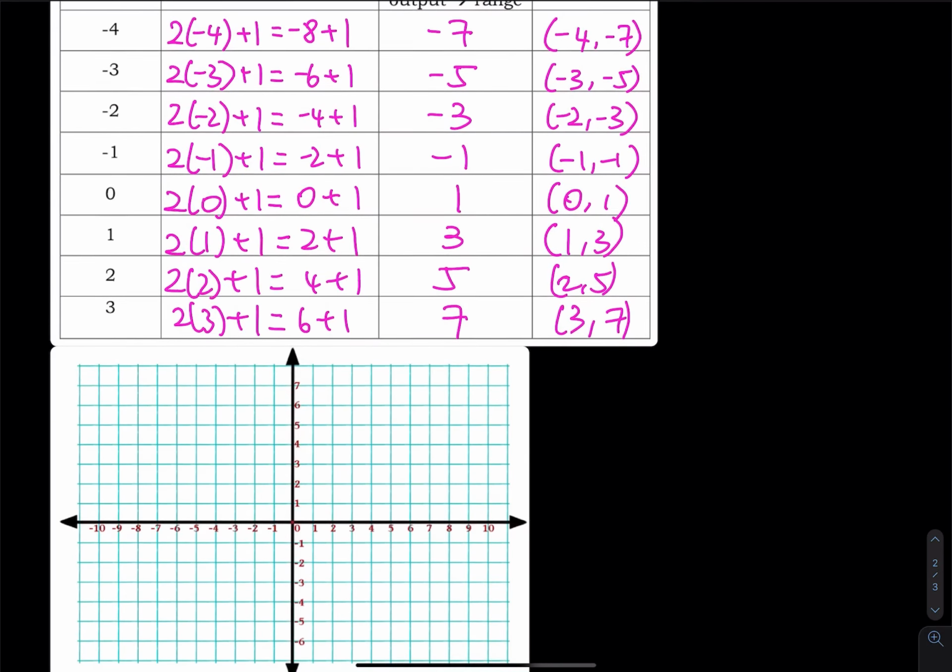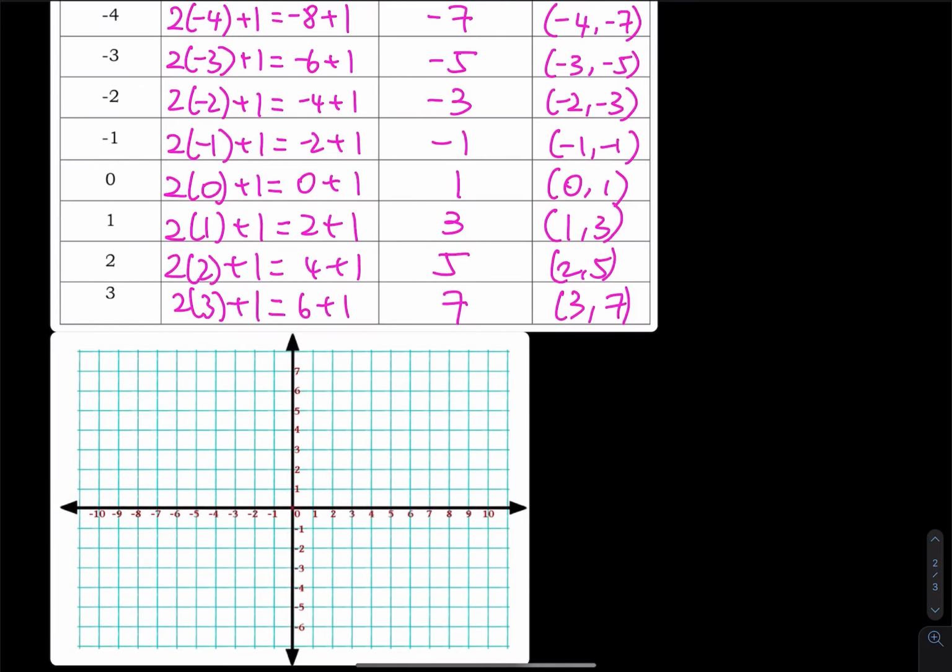The first point is -4, -7, and then -3, -5, and then -2, -3, and then -1, -1, 0, 1, 1, 3, 2, 5, and then 3, 7.